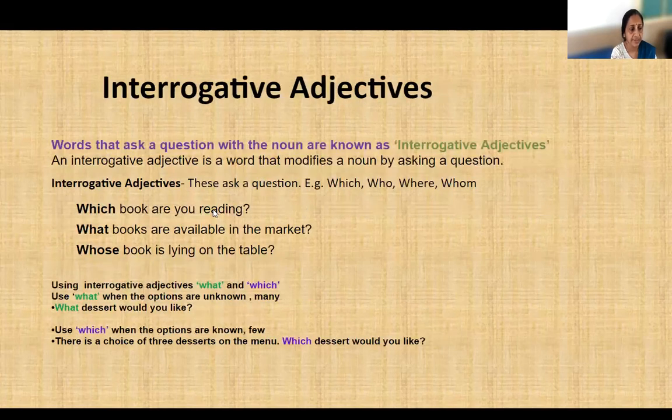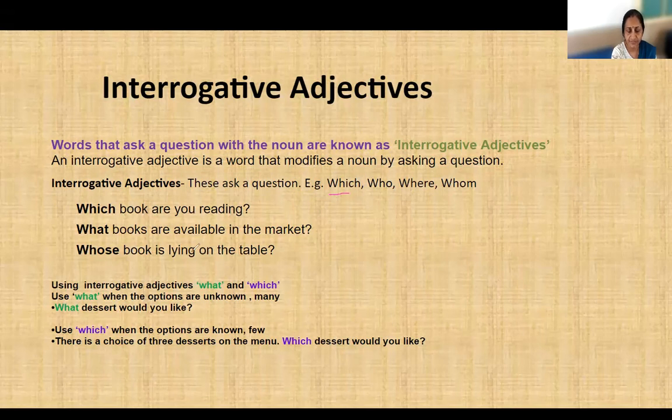Then we have interrogative adjectives. Words that ask questions with a noun are known as interrogative adjectives. An interrogative adjective is a word that modifies a noun by asking a question: which, what, whose, whom.